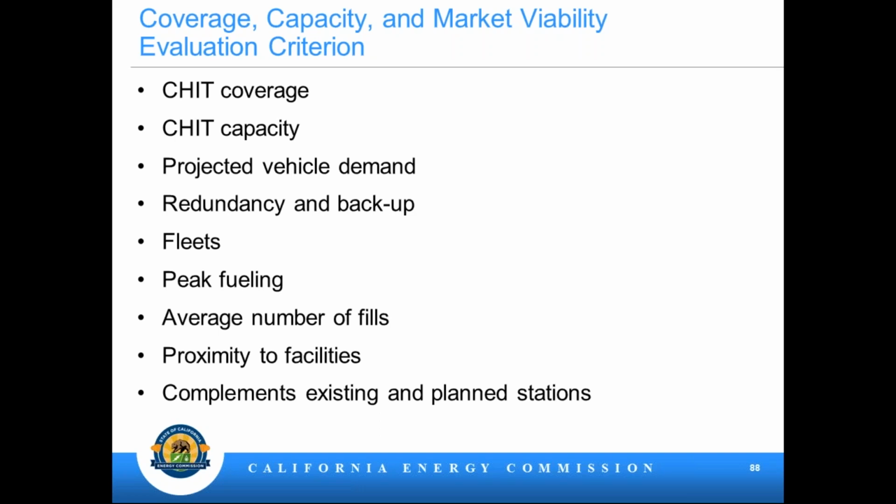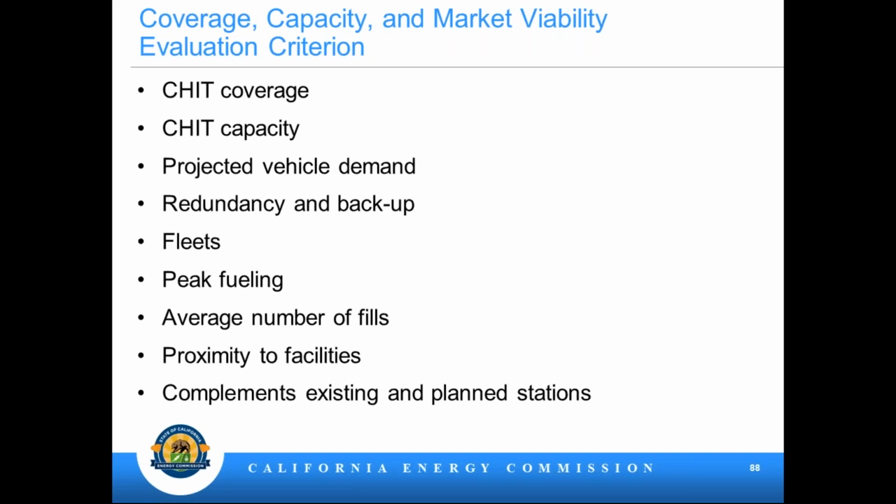And I think we're going to talk in a minute about both criteria types, the CHIT and non-CHIT, in this way. But the ones that were not relevant to CHIT were all trying to get at the same thing ultimately, and that is to understand how applicants decided that their proposed locations for their stations were the best possible locations.